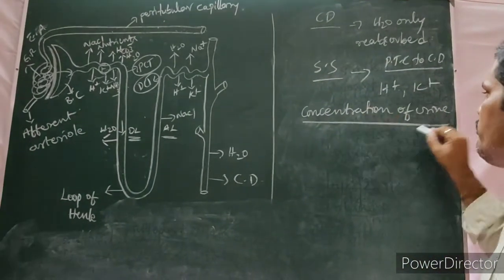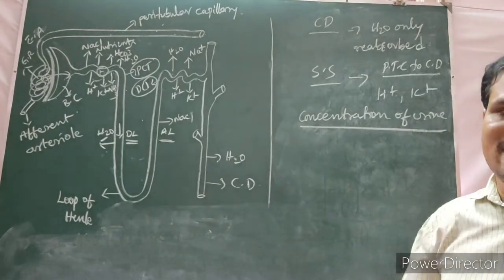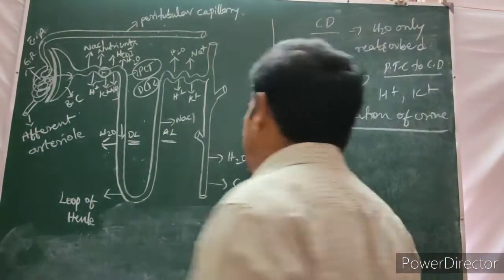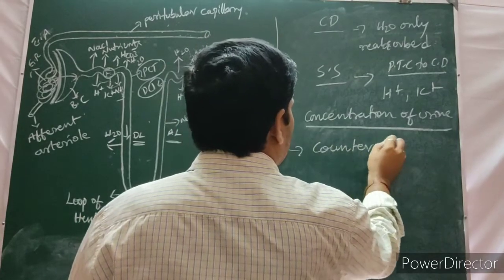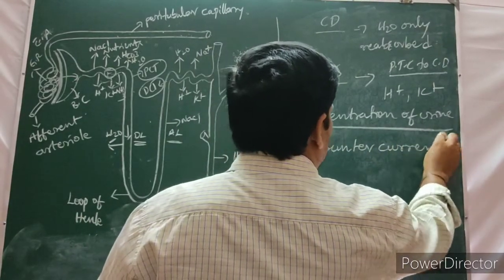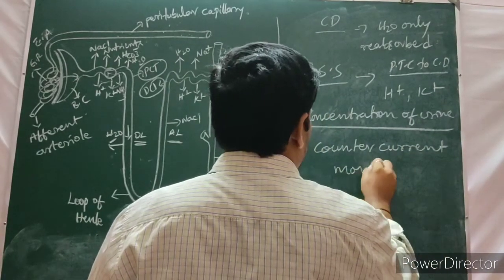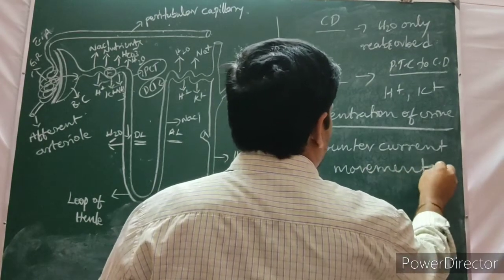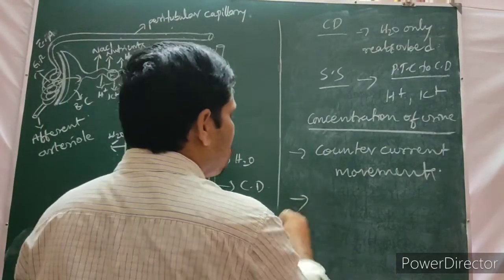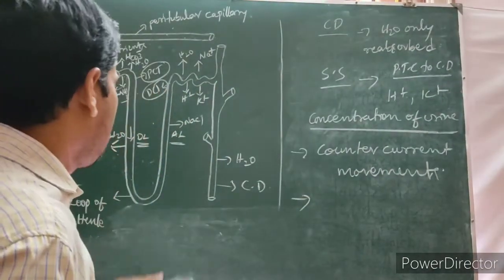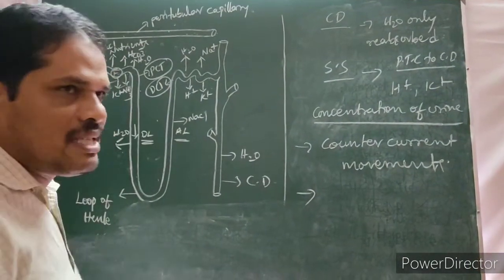Now, how is the filtered urine going to be concentrated? How is the concentration done? With the help of counter current movements. How it is done: it is done between Henle's loop and the vasa recta.